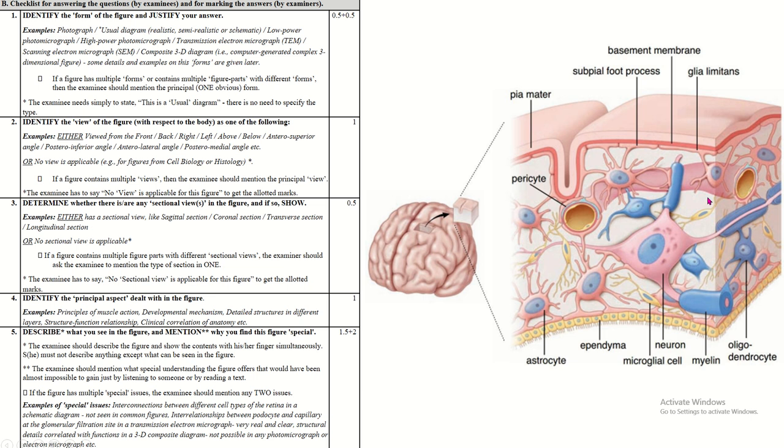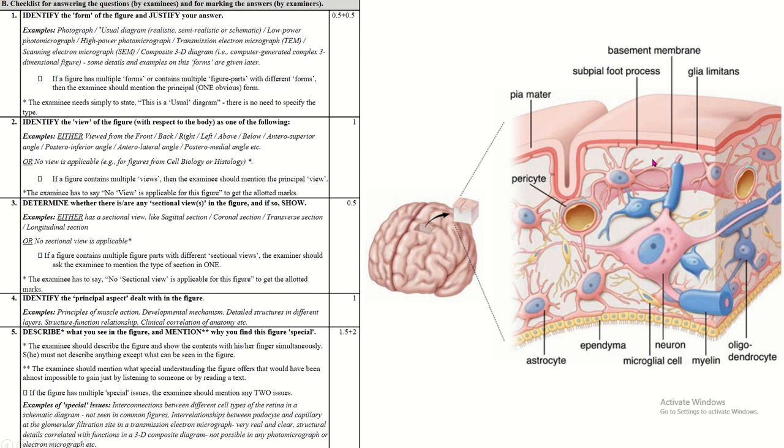Without this figure we cannot understand the myelination pattern within the central nervous system, how an astrocyte takes part in the formation of the blood-brain barrier, how the ventricles of the brain are lined by ependymal cells, and the position of the microglial cell. Like this you describe this figure.